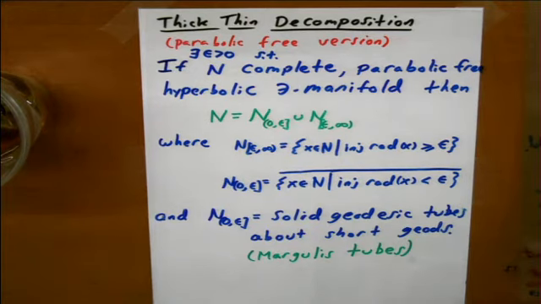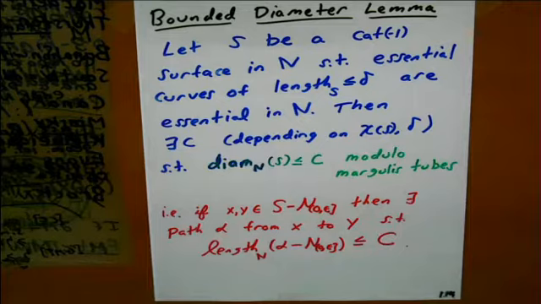And there's a second crucial thing, which is called the bounded diameter lemma. In my mind, this is the miracle of Gauss-Bonnet. It might not seem like a miracle right now, but hopefully I'll convince you it really is. In its simplest form, suppose you have a surface whose intrinsic curvature is less than or equal to -1, and a surface of some fixed genus.